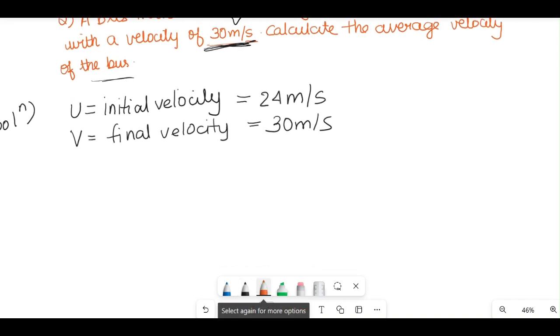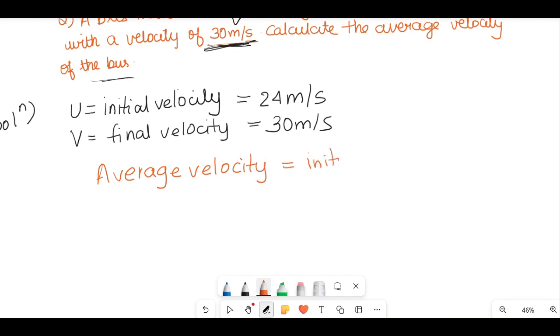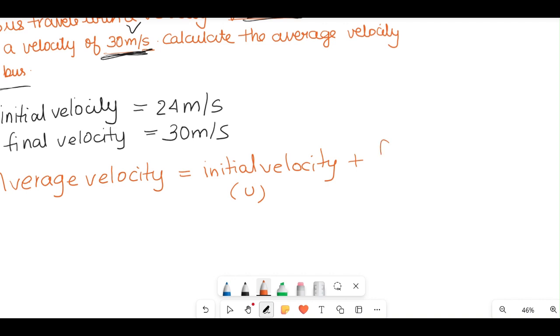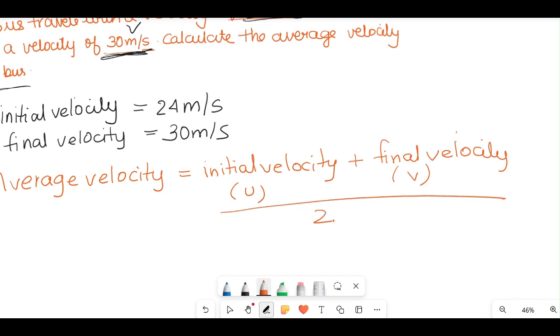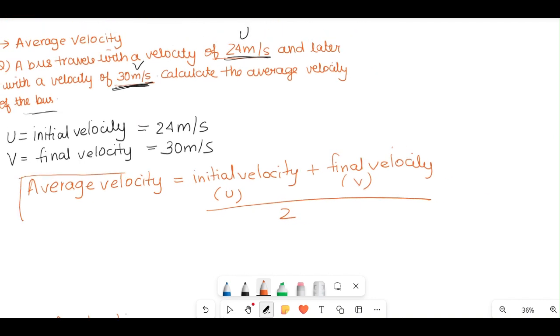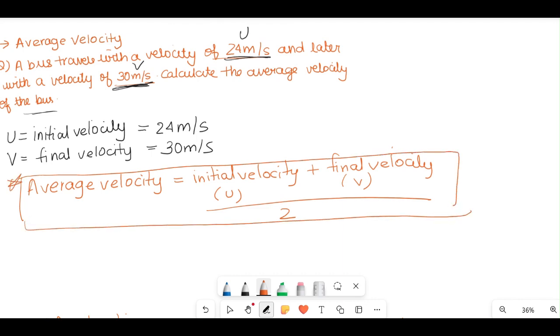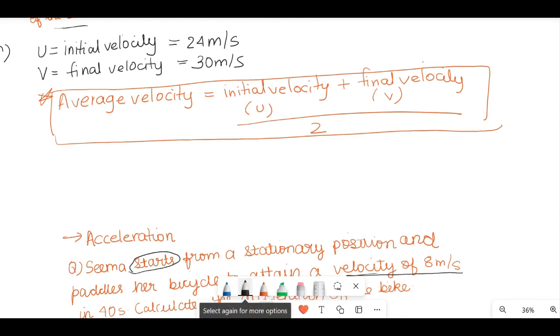The formula we use here of average velocity is initial velocity, which is u, plus the final velocity, that is v, upon 2. Now let's solve this question.